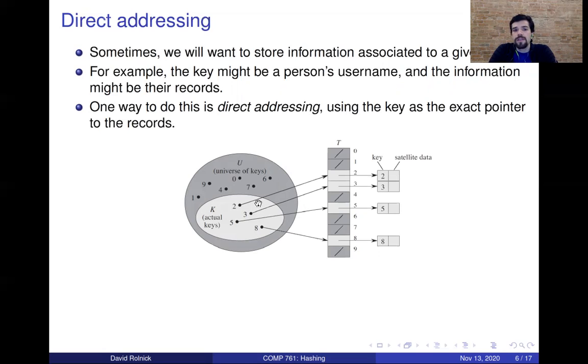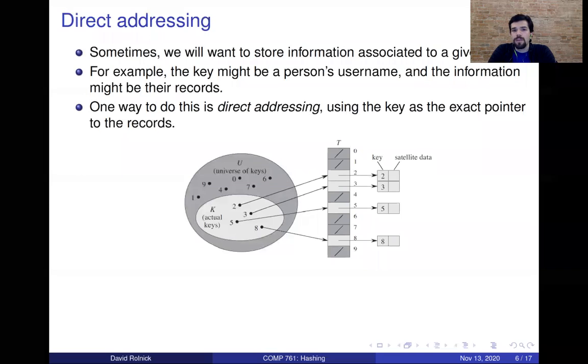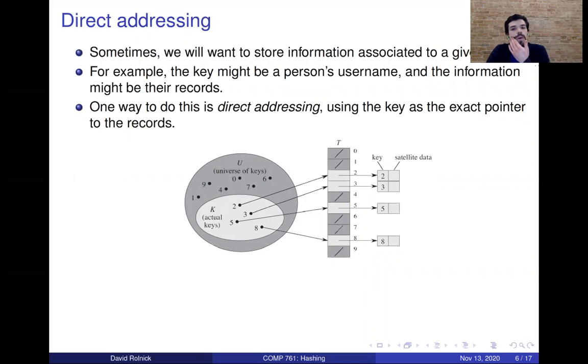So maybe the keys are just some numbers, and you can say, okay, the key 8 just points to the 8th block of memory. The key 1,000,002 points to the 1,000,002th block of memory. And you can number all the possible usernames, and that will give you blocks of memory. This will be called direct addressing, where you literally use the key as the exact pointer to the records.